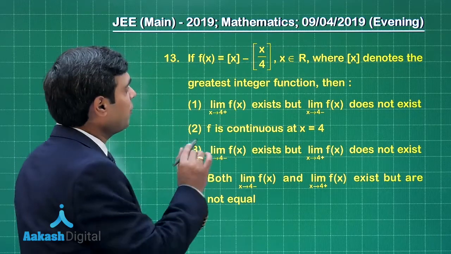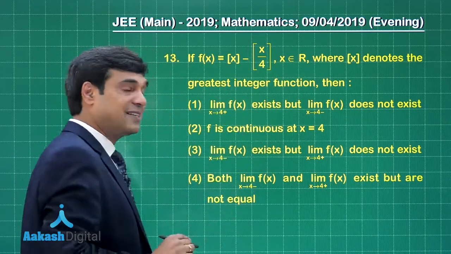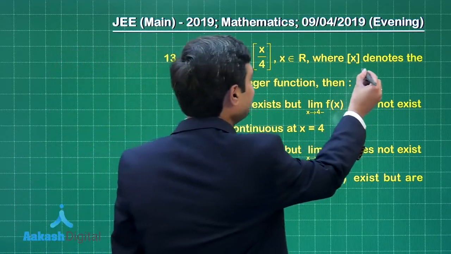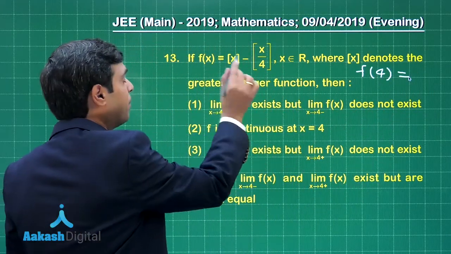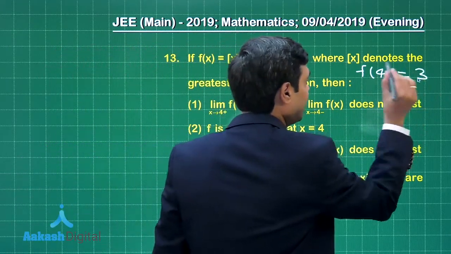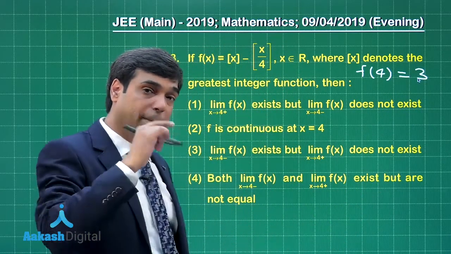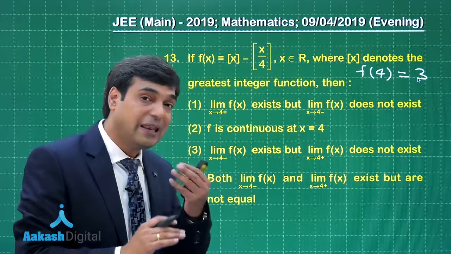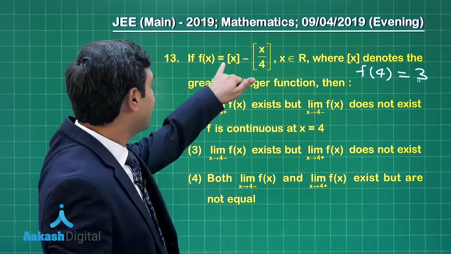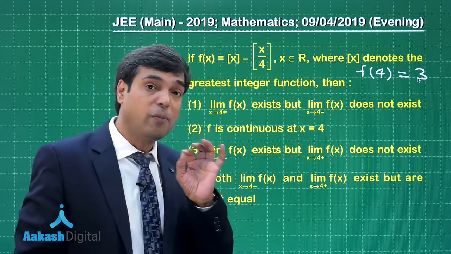When you talk about the value of this function at x equals 4, you can clearly see f(4) is coming as 4 minus 1, that is 3, correct? Now when you approach this function for x equals 4 from the left hand side, you will have greatest integer of 4 minus h.